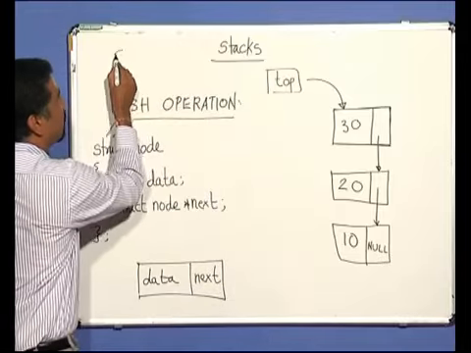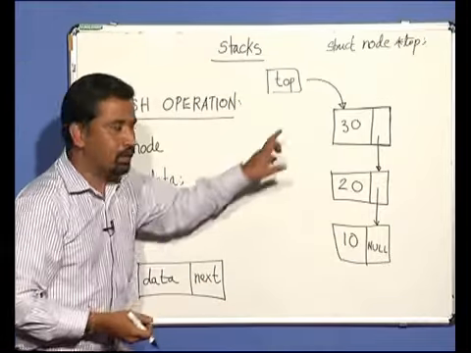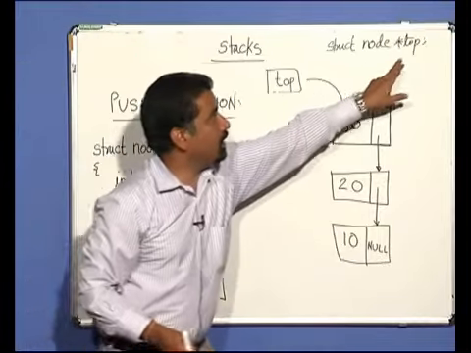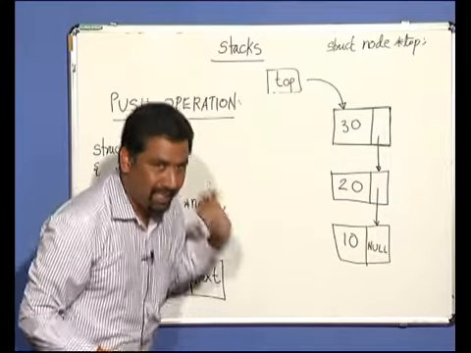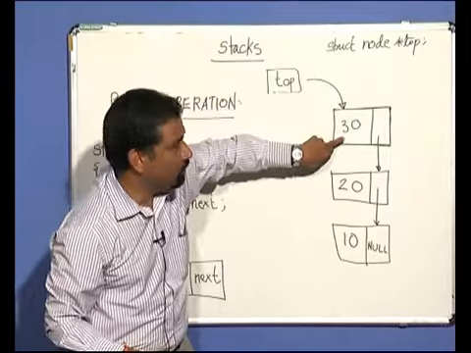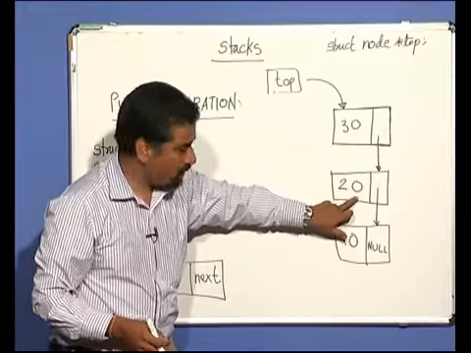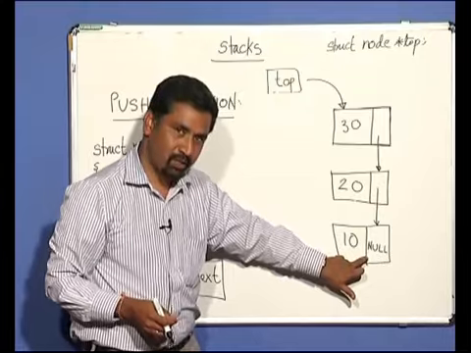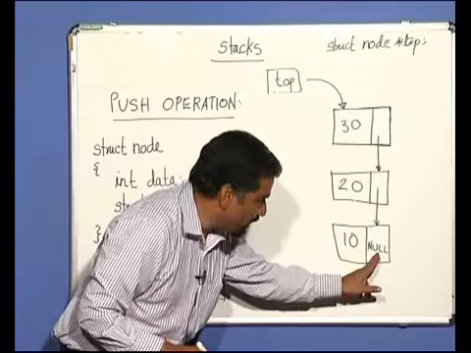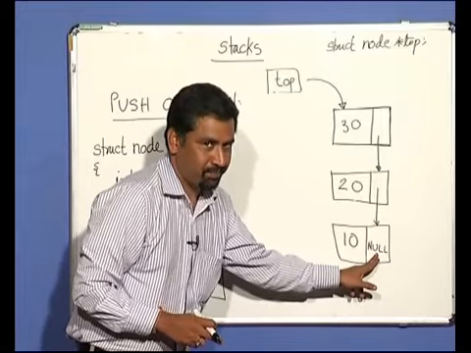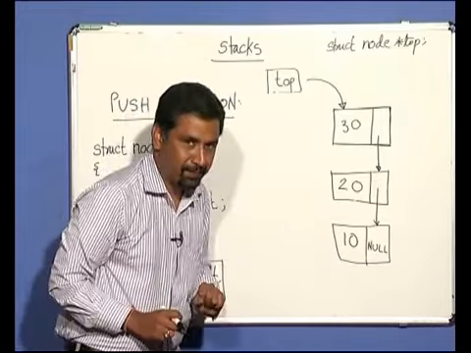Top has been declared as a pointer to struct node. So currently this pointer is pointing to this node, and this node in turn is pointing to this node, and this node in turn is pointing to this node, and the stack ends here. That is denoted again by the null pointer here. So that is currently the state of the stack.